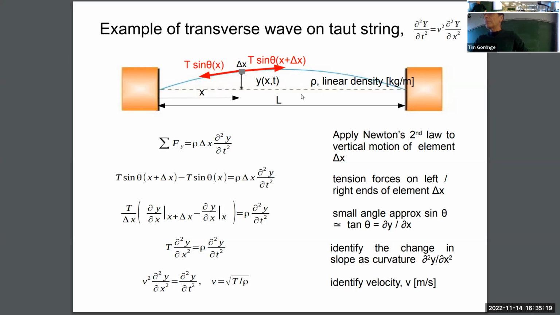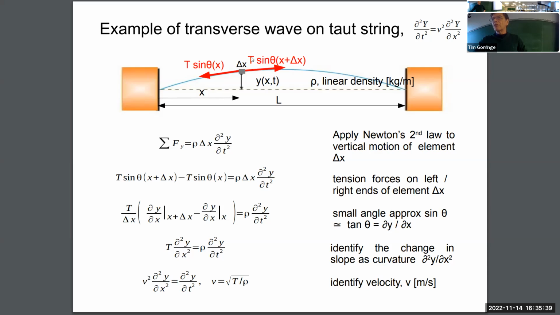There's a couple of parameters in this problem. I should mention those. So L here, that's the length of the string. And rho here is a useful parameter, just the linear mass density of the string, so the number of kilograms per meter of the string.